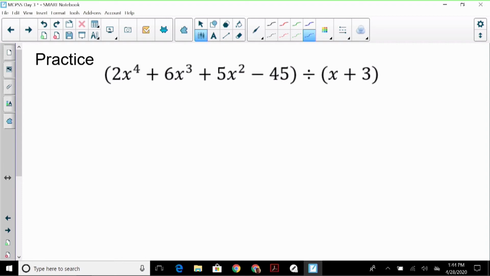All right, we have 2x to the fourth plus 6x to the third plus 5x to the second minus 45 divided by x plus 3. My 0 for my linear expression x plus 3 is -3.